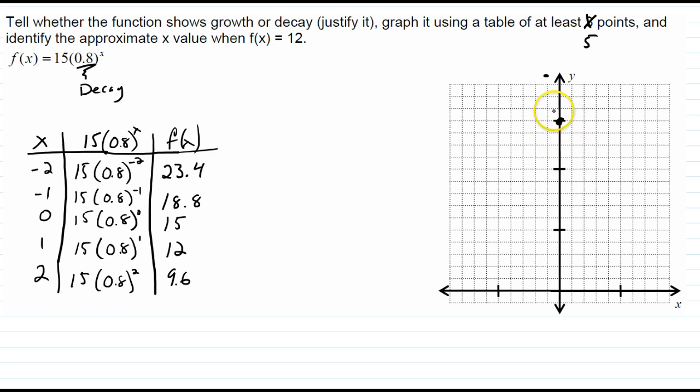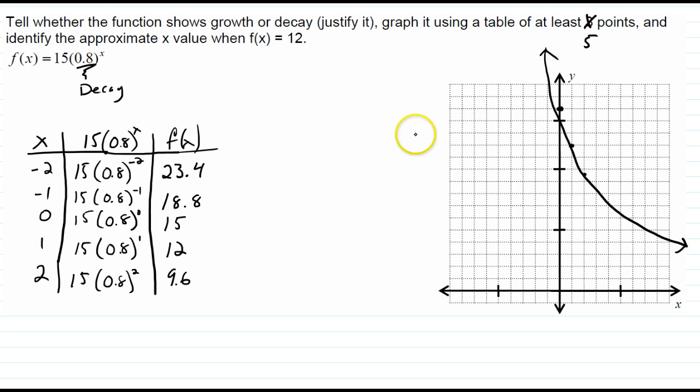My graph is wrong. There's an increment of 5, 5, then it goes 4. Ugh. That's going to mess things up for you on the test, but oh well. Let's see here. 12 now, so there's 10, 11, 12. And 2 is 9.6. And so this graph is going to look something like this.